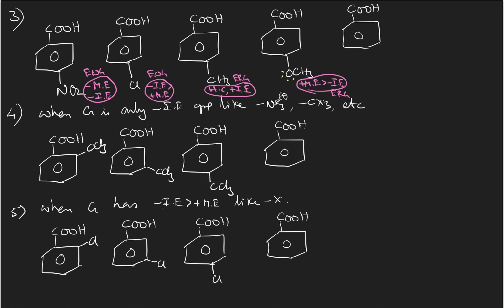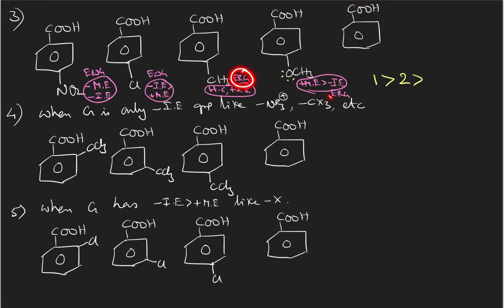Now, presence of the strongest electron withdrawing group will make the acidic strength highest. Therefore, one is stronger than Cl, because this is also an electron withdrawing group, stronger than fifth compound, unsubstituted benzoic acid.